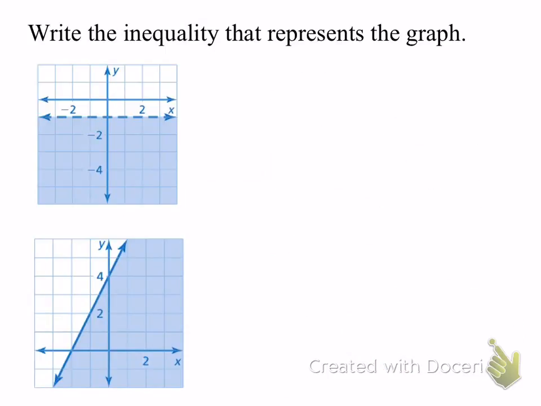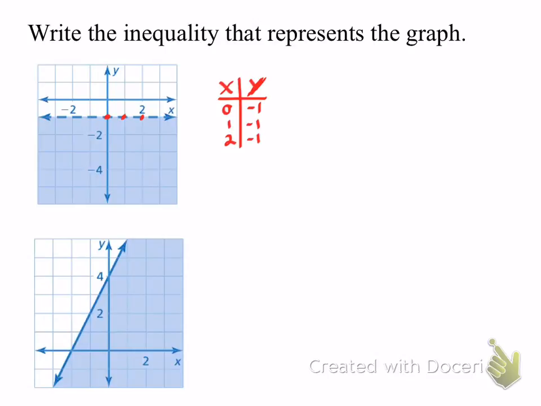Now, the last part is to write the inequality. You work backwards. Step 1, make the table. Okay, pick 3 points. 0 across, negative 1. 1 across, negative 1. 2 across, negative 1. Write the equation.